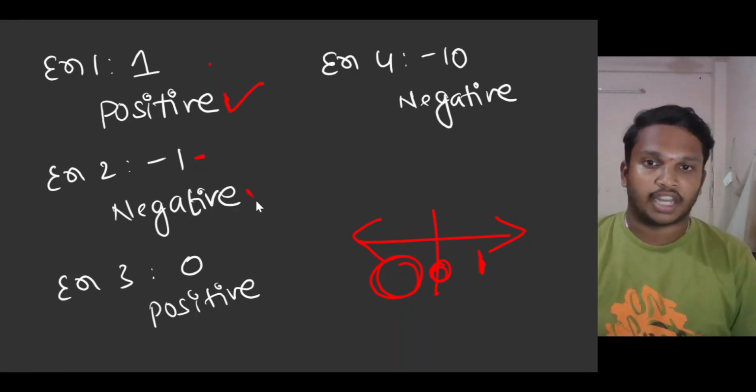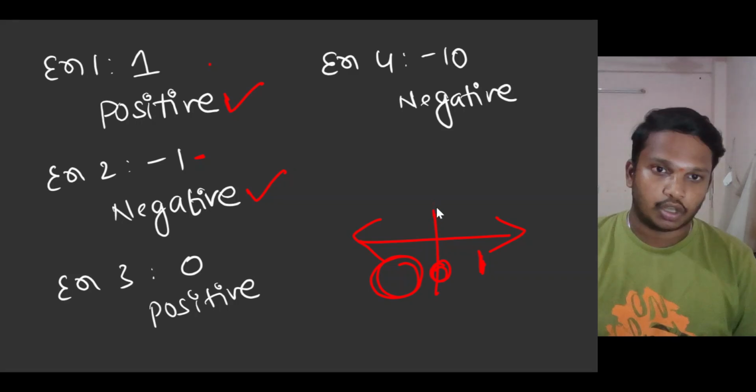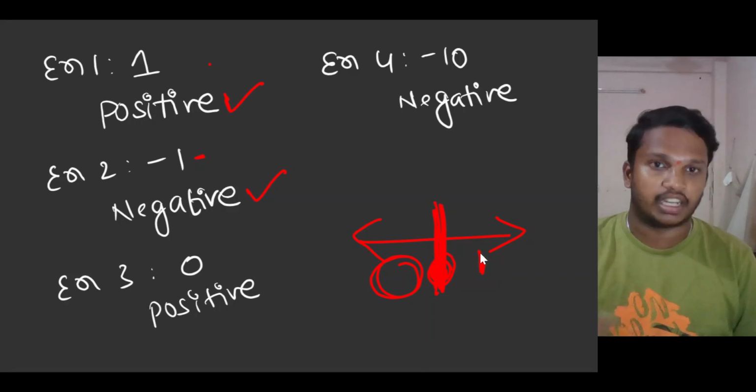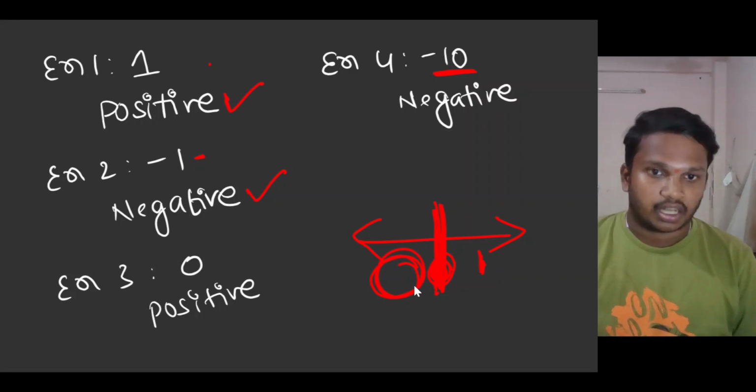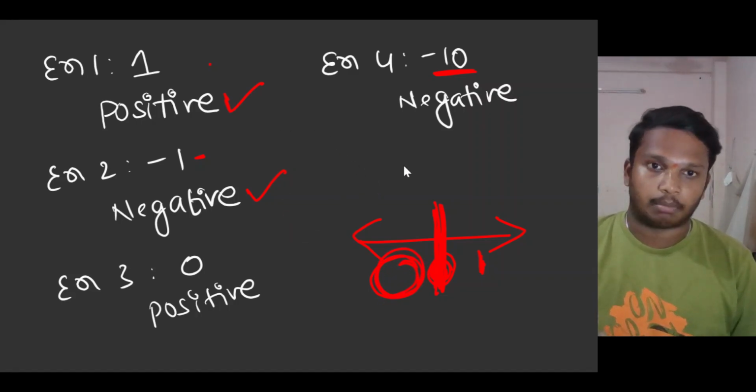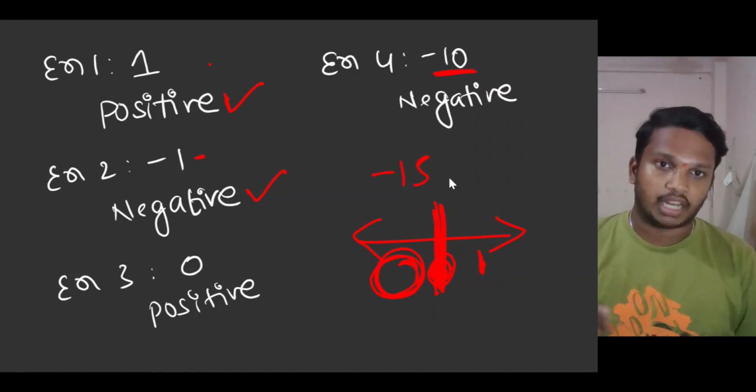So it is a negative number. And 0 is also a positive number, as I told: if a number is equal to 0 or greater than 0, then it is a positive number. Similarly, -10 is a negative number. If you understand these examples, now tell me, is -15 positive or negative? Take a while and think. I am telling the answer: it is a negative number.